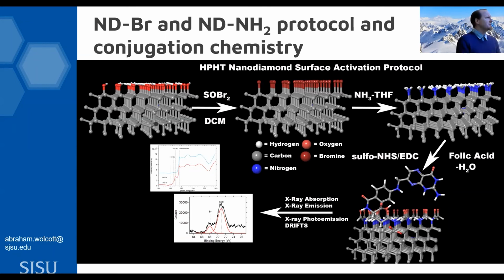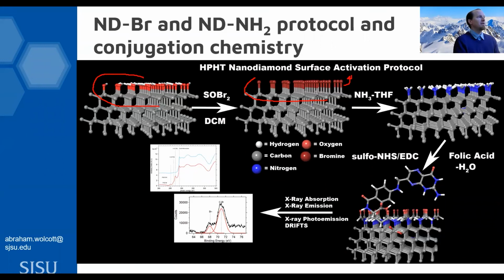On the left-hand side, you can see the alcohol-rich diamond lattice. We're doing this activation chemistry with SOBr2, thionyl bromide, which is a very strong and nasty brominating agent. After we've done the bromination chemistry, we want to aminate the surface. Our bromine should be a good leaving group and allow for the amine's carbon-nitrogen bond formation to occur.